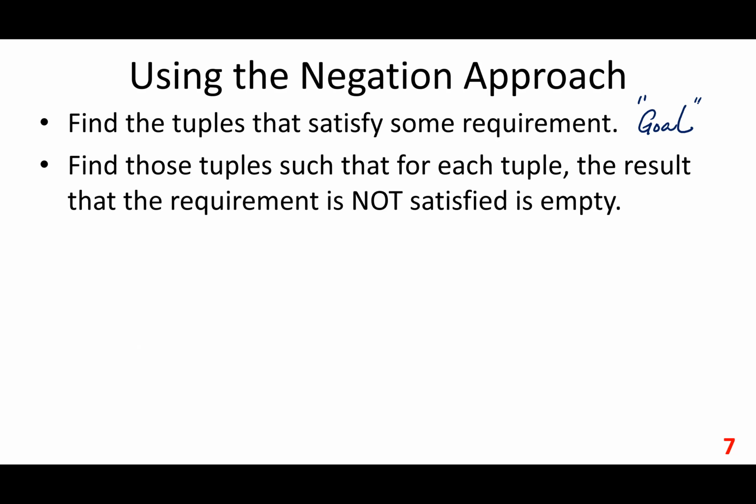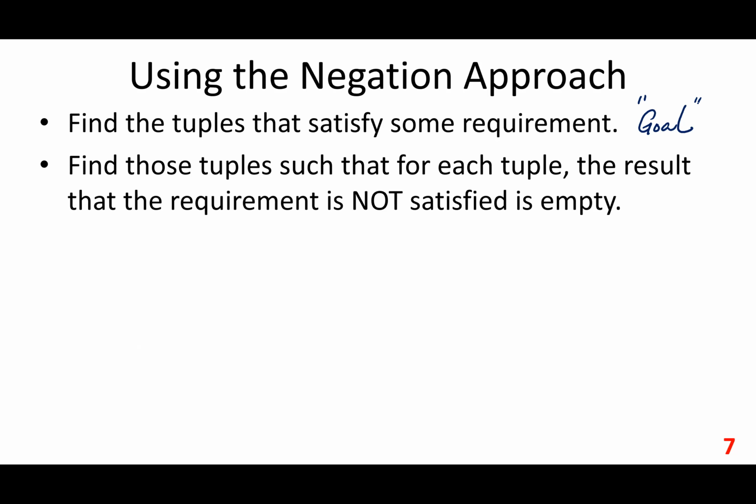So the second sentence tells us how to make that change. Find those tuples such that for each tuple, the result that the requirement is not satisfied is empty. It looks like double negation, right? Yeah, double negation. You do negation, it's empty. So it sounds like a double negation. Okay, yeah.